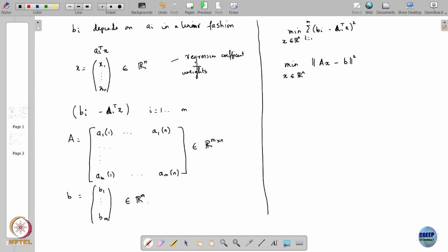What matters is that once the optimal x has been found, let us call that x star, the optimal solution, then in order to predict the price for an unseen sample, say a new sample A tilde, what I need to do is simply compute A tilde transpose x star. This is my prediction. This is the idea behind it.